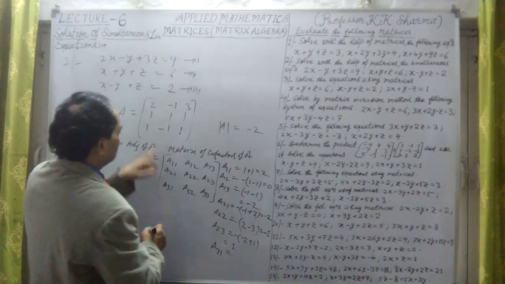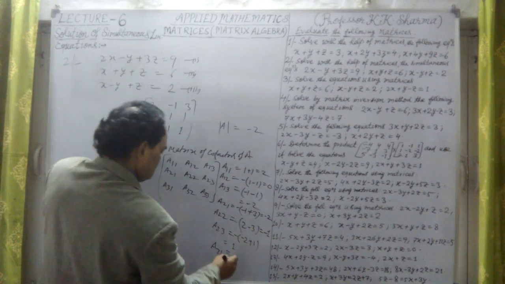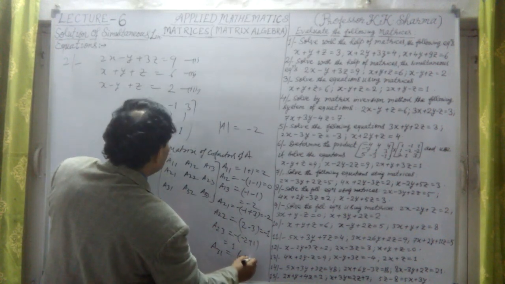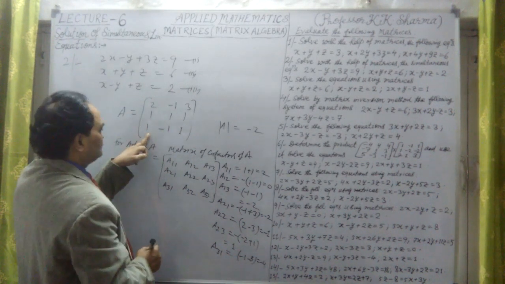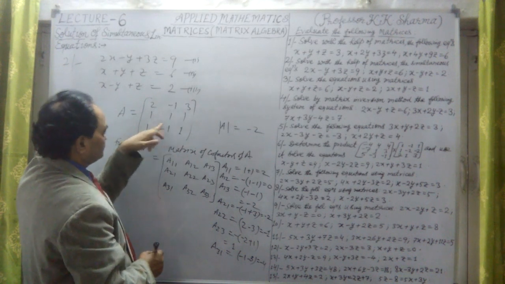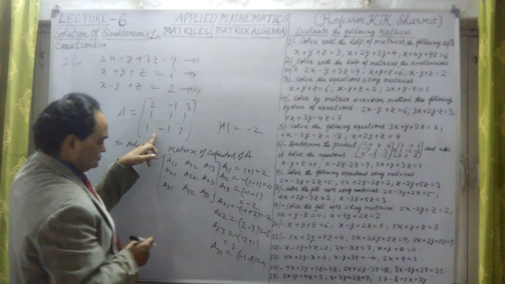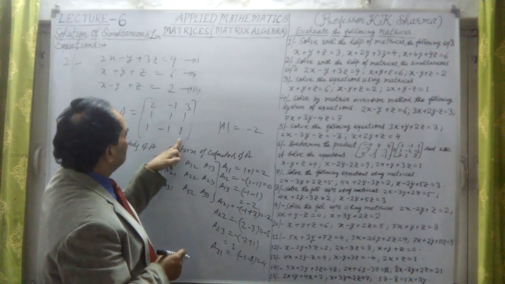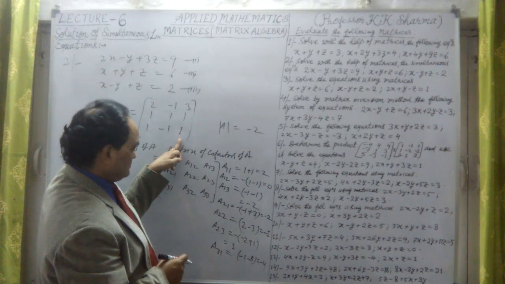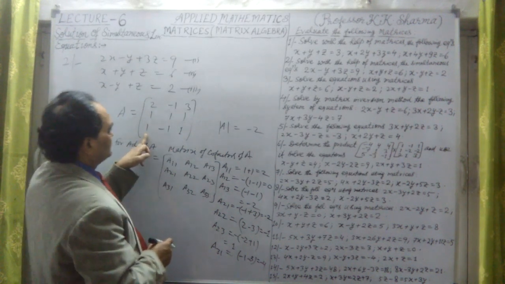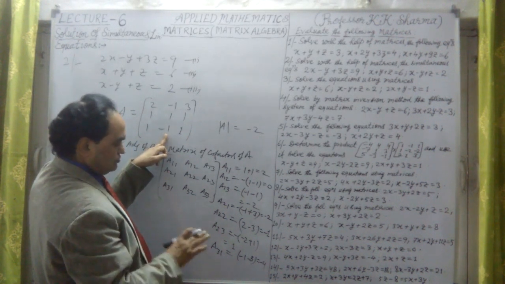A31 for this 1 is minus 1 minus 3, equal to minus 4. Okay, it is minus 4 here. Sorry, it is A31 for this 1. Yeah, we have done that. Alright, now this minus 1 is okay.